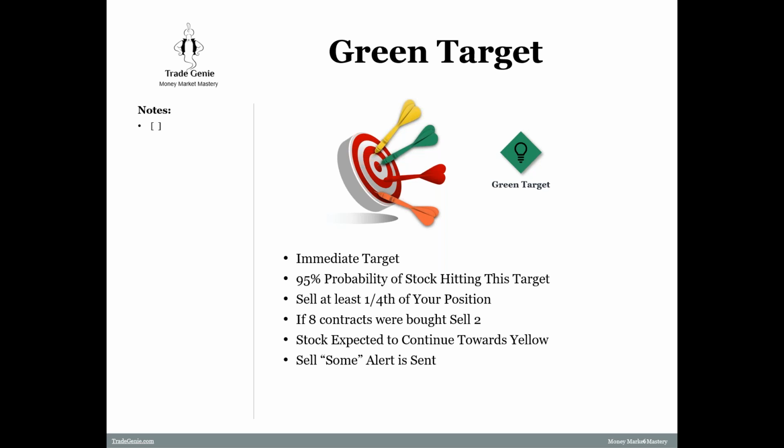So that is the logic. So we send you the alert to sell at least 1/4 or 1/3. So if you have 8 contracts, you can sell 2.